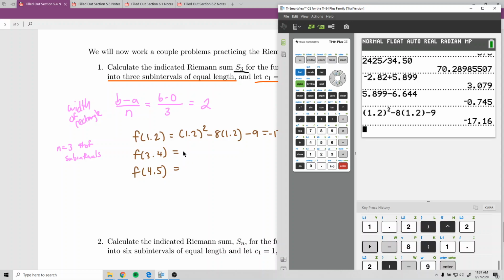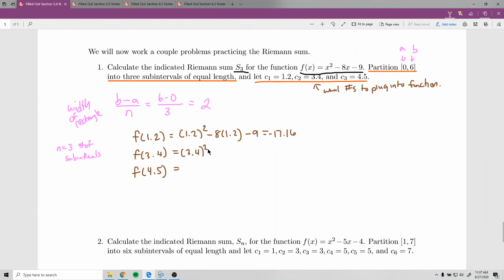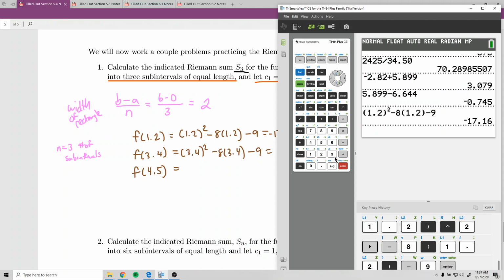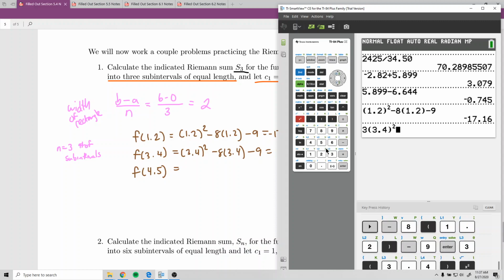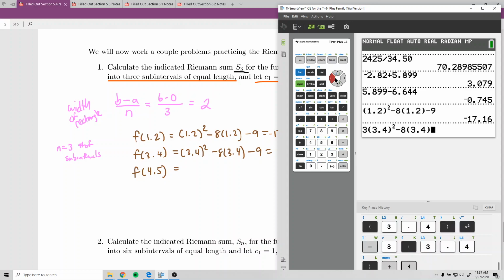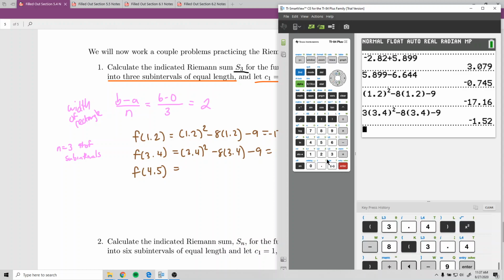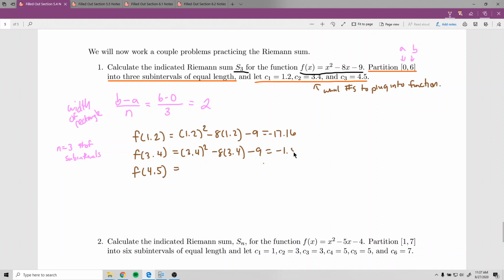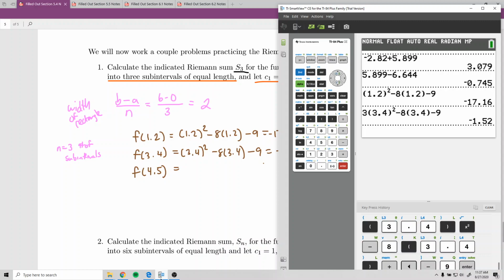So 3.4, we want to plug in 3.4 for x. We get 3.4 squared minus 8 times 3.4 minus 9. And what does that give us? Negative 1.52. I knew that didn't seem right. I added in a 3 at the beginning.